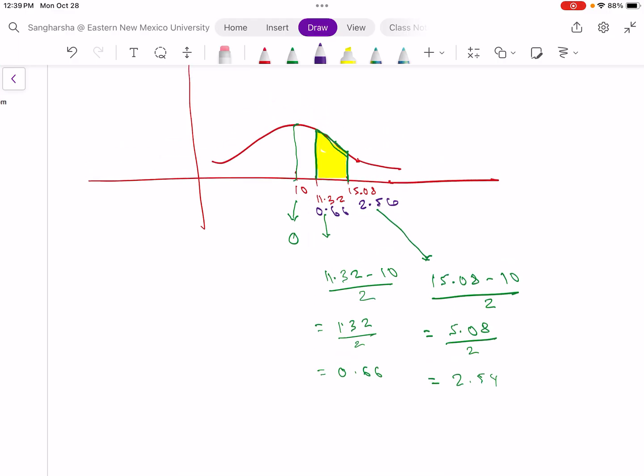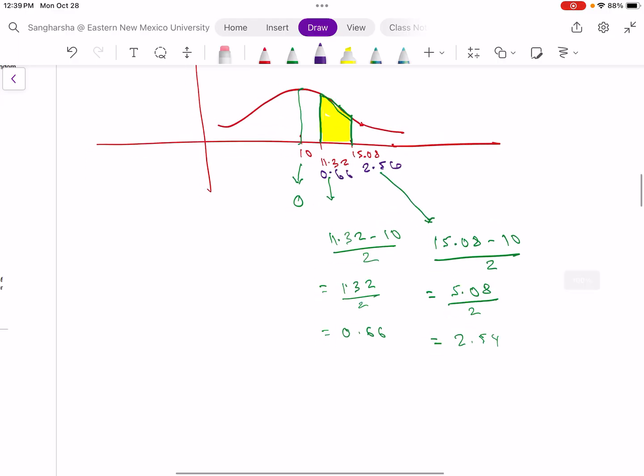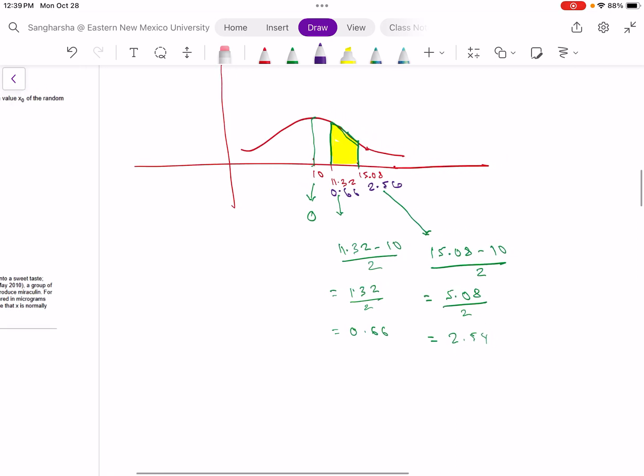Now, does anyone need help up to here? You have the graph, you have the correct region, you converted X values into Z values. Now, let's find out how we can find this area. We want this shaded region.